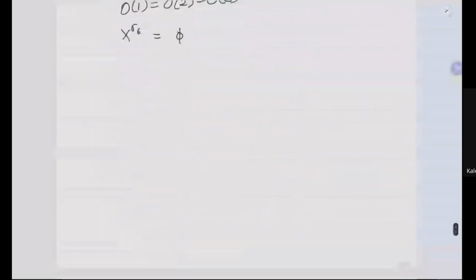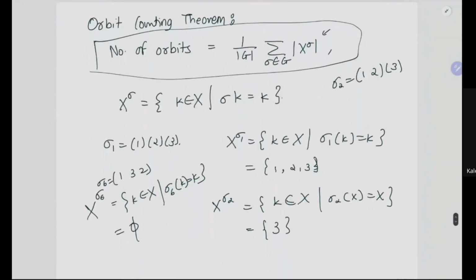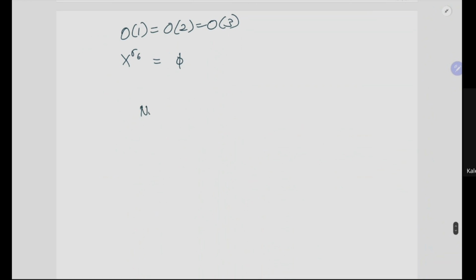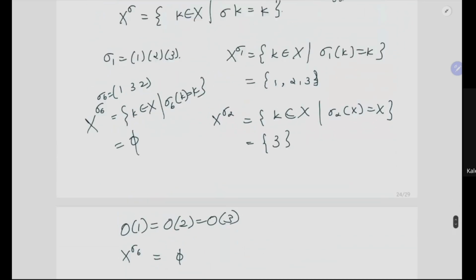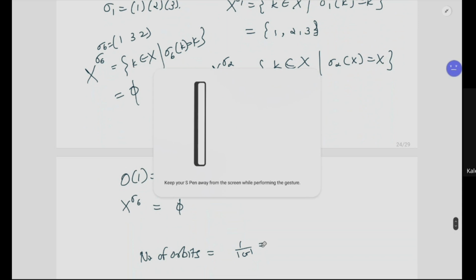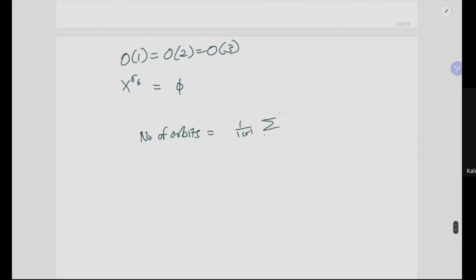So then by this theorem we get that the number of orbits is equal to 1 by mod G times the summation of X power sigma, where sigma runs over Sn. In our case G is Sn, X is this set 1 to n, and the action is what we have defined.